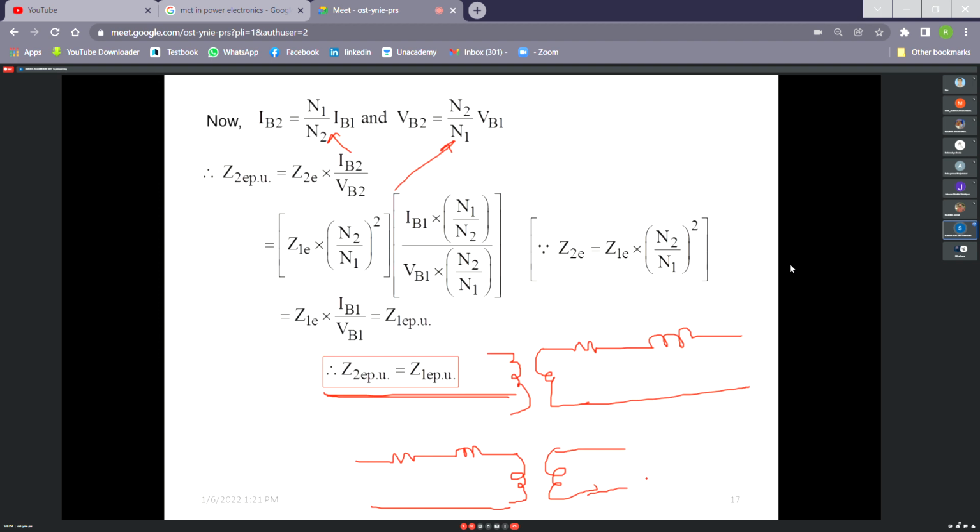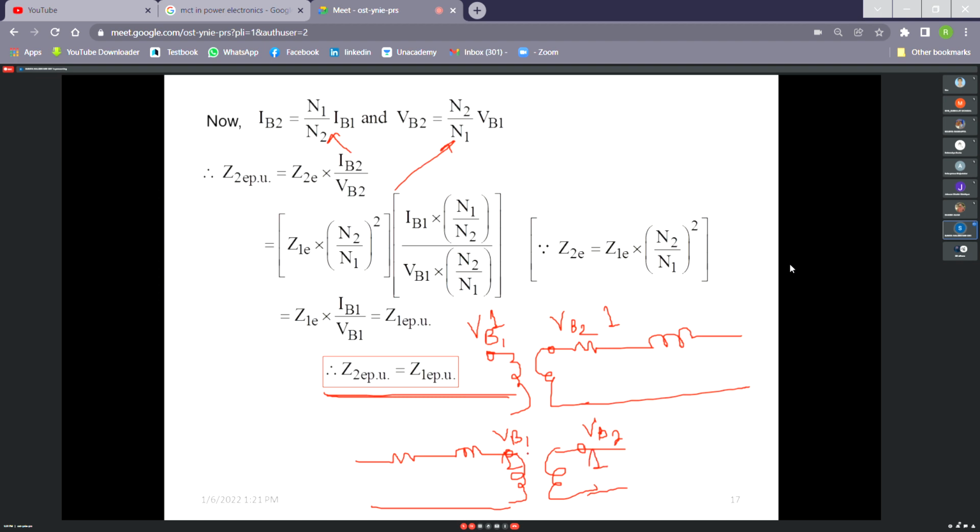At the same time, base quantities are the rated quantities. So here it is the voltage VB1, here it is VB2 in volts, right? If it is at base voltage, then what is the value in per unit? Obviously 1 per unit. Here it is 1, here it is 1.